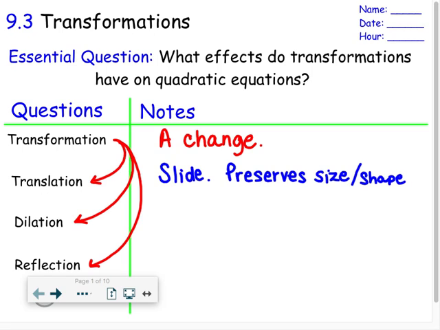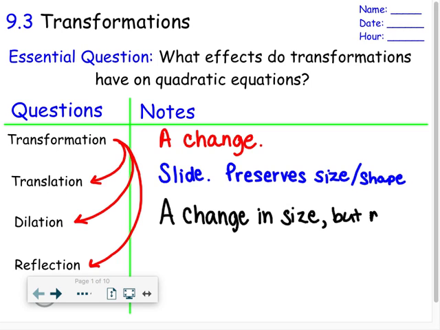The next one that we're looking at is a dilation. A dilation is a change in size, but not shape.